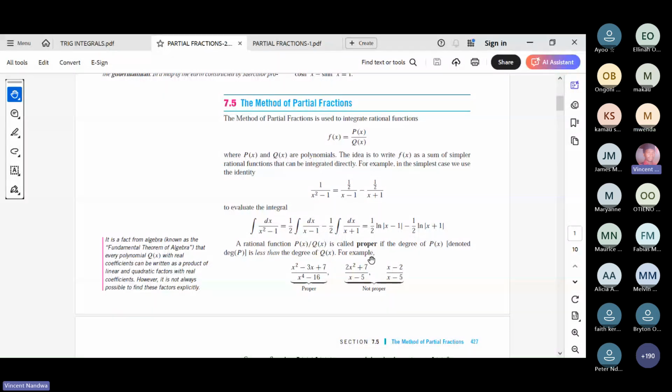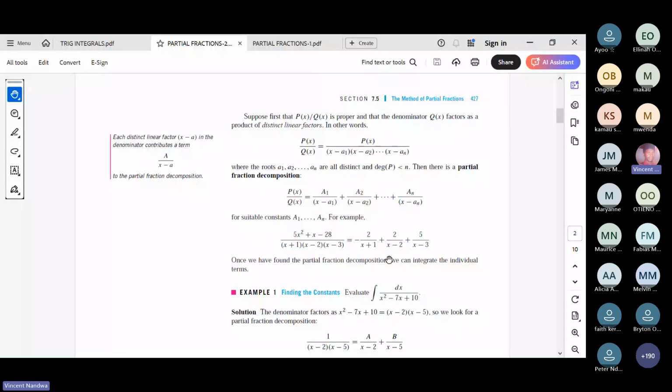It's a strict inequality. So the first thing, when you have been asked to solve a problem involving partial fraction decomposition, is to ensure that your numerator polynomial has degree strictly less than the degree of the denominator polynomial.